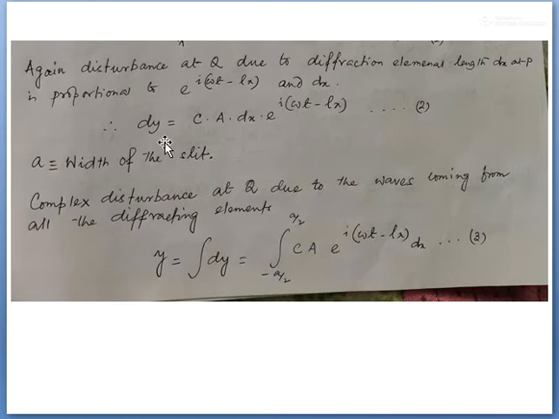So the resultant disturbance at Q due to this elemental length dx will be C, A is the amplitude, times dx times e to the power i omega t minus Lx, where small a represents the width of the slit.